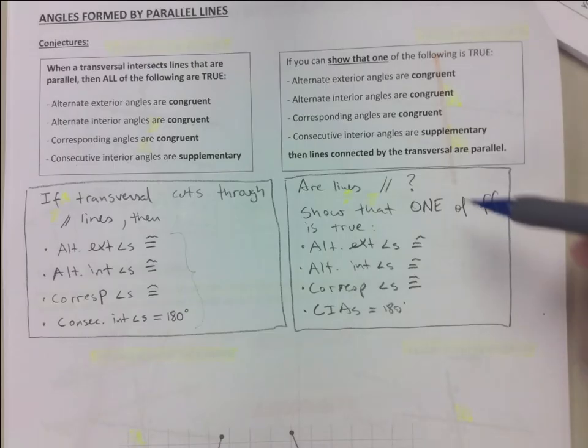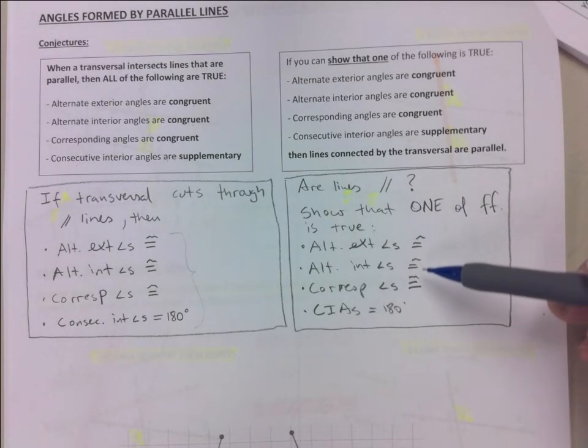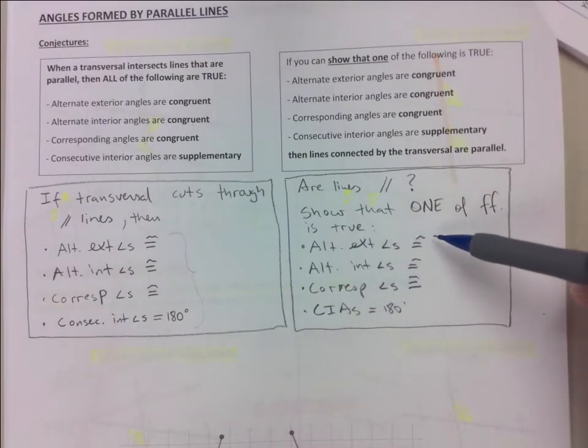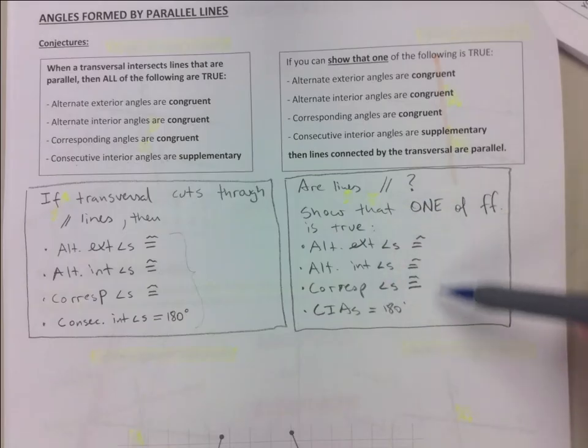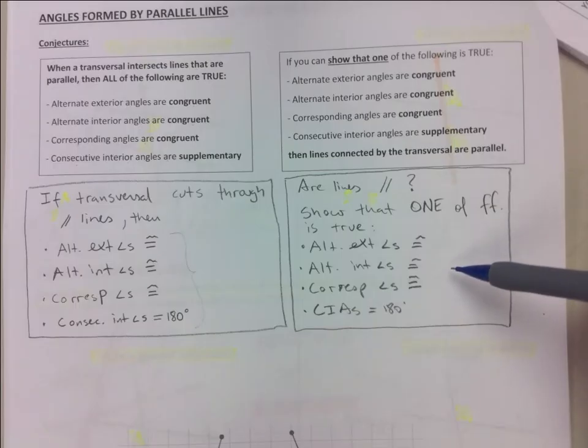As you copy this, notice what it doesn't say here. If you can show that the sum of a triangle's angles is 180, that's great, but it doesn't show whether or not lines are parallel. If you can show that vertically opposite angles are equal, that's great, but it doesn't show whether lines are parallel.